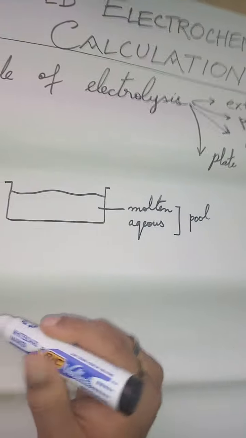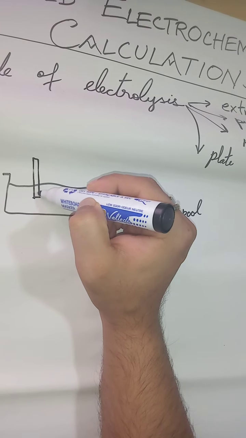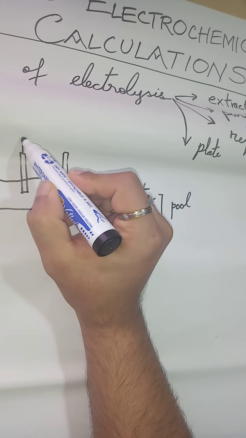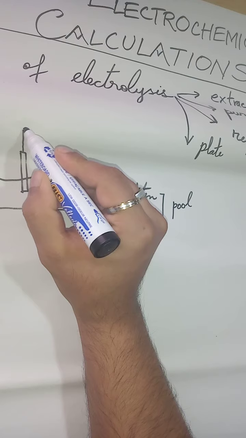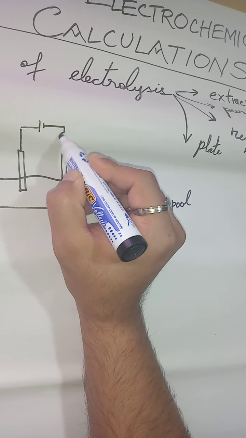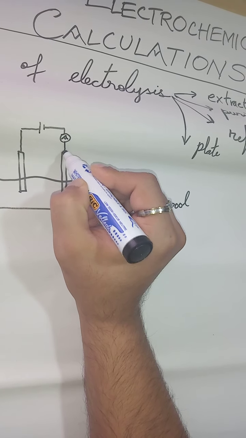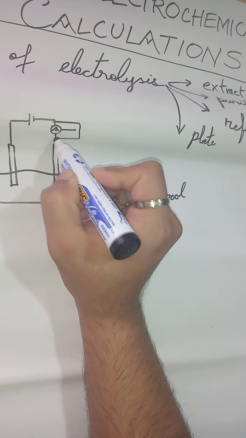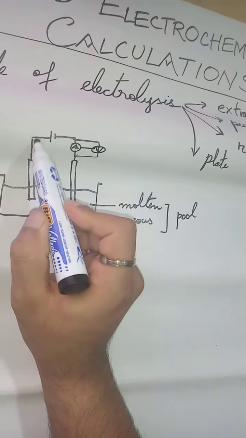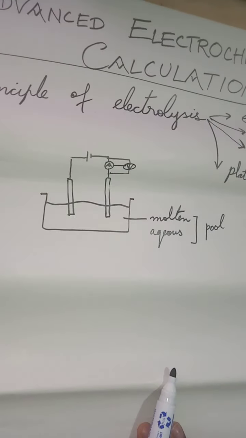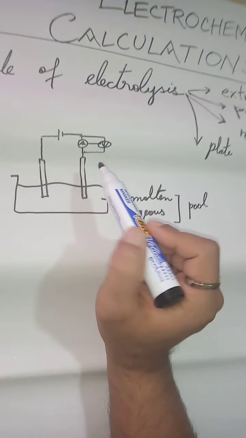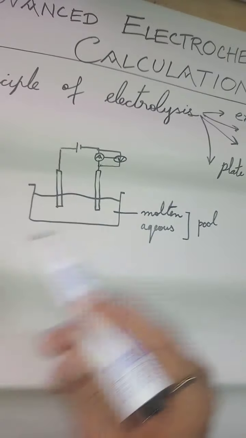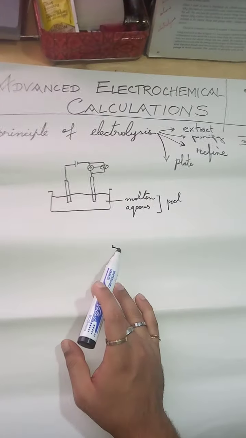Now, when you stick two metal plates in and connect them across a circuit, with a voltmeter, and you could add a forward bias diode and a resistor, and other electronic components to make it quite sophisticated.